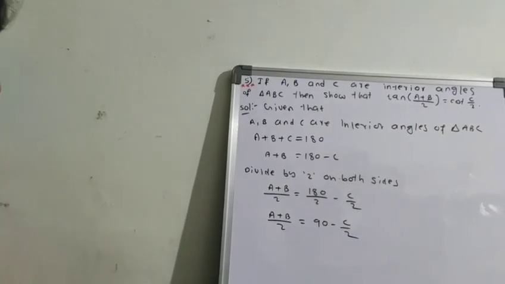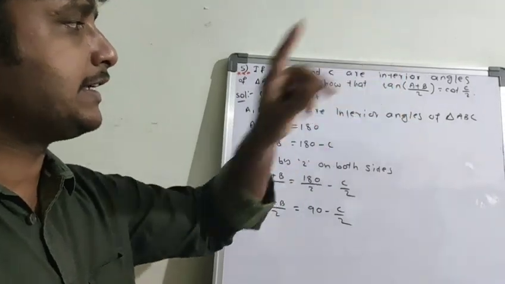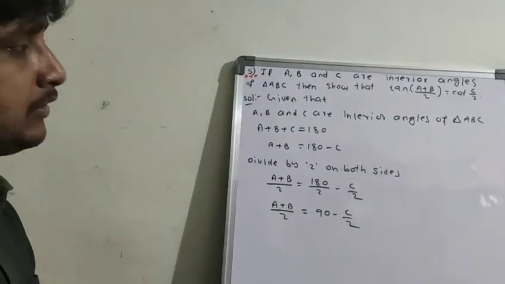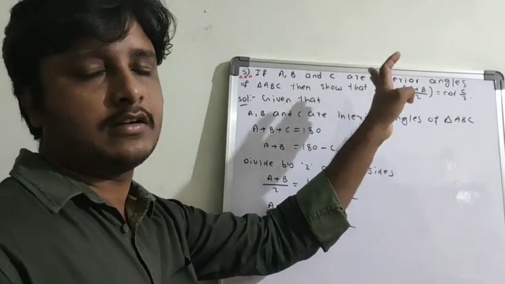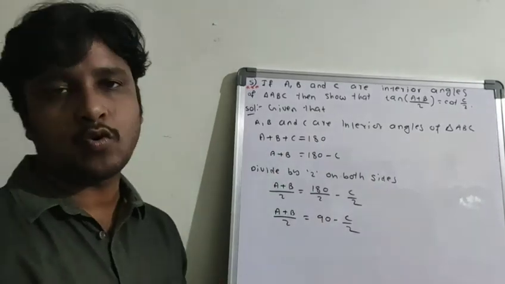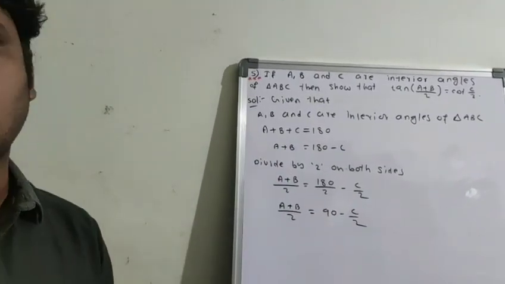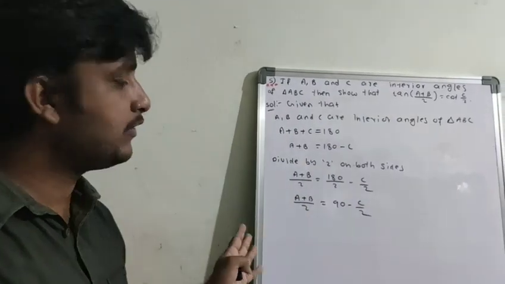For any question, up to here is the same. Afterwards, I want tan on the left hand side, so take tan on both sides. Whatever trigonometric ratio is on the left hand side, that ratio we have to apply on both sides, whether it is tan, sine, cos, cosecant, secant or cot.